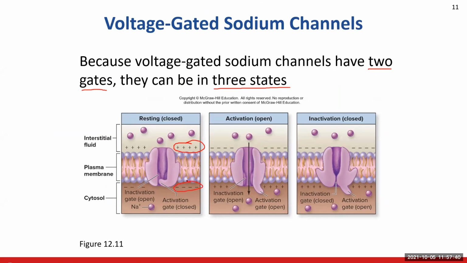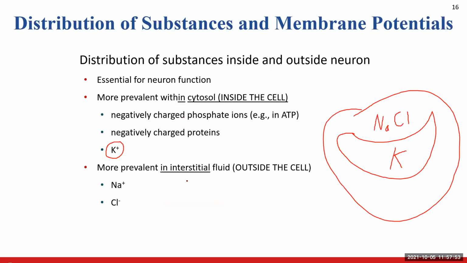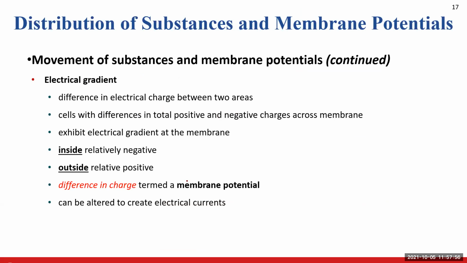That's the electrical gradient that I'm talking about. The interstitial fluid, which is outside, is where the positive charge is going to be found, and in the cytosol, that's where the negative charge will be found. And so we're seeing a difference in the electrical charges between two areas, inside the cell and outside the cell.